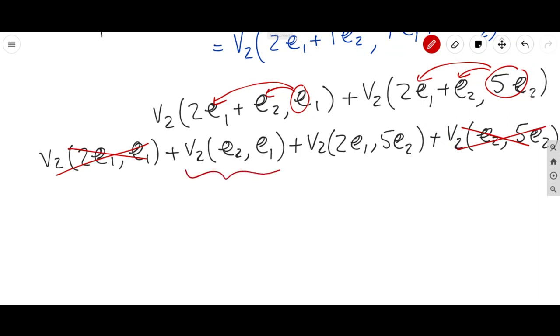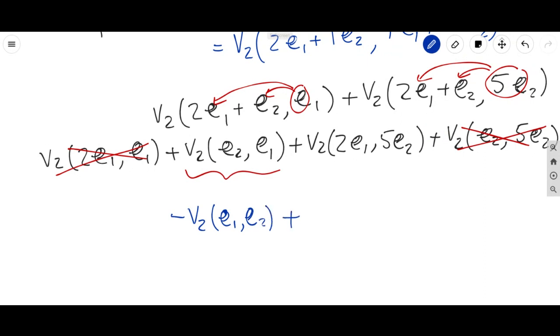Now let's see what we're left with. This is the unit cube property. You're left with the unit cube, E2 and E1, but it's written in backwards order. So you put it in the correct order of the standard basis. So this will be minus V2 of E1 comma E2. That's the correct order you have to use here.